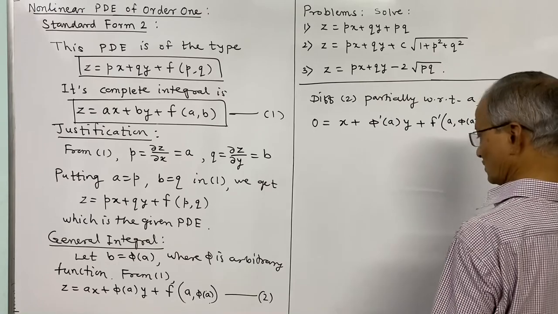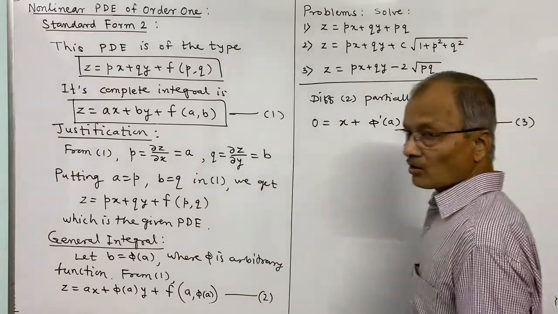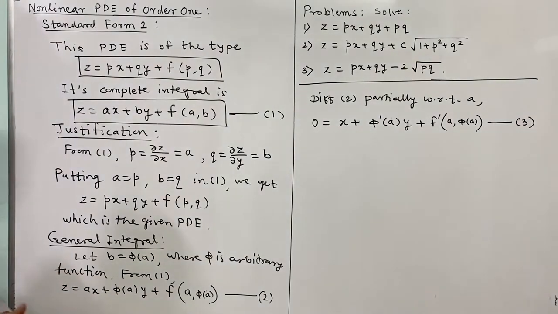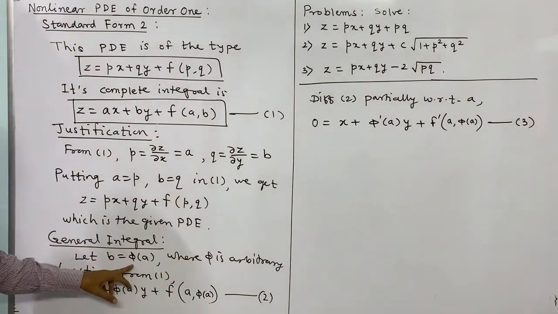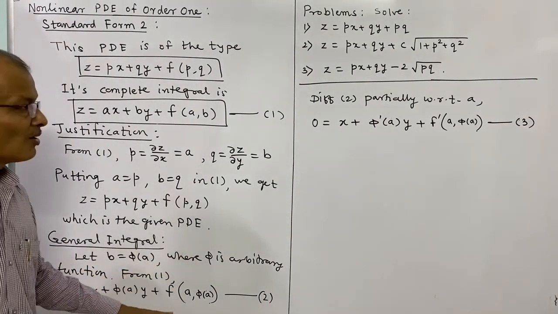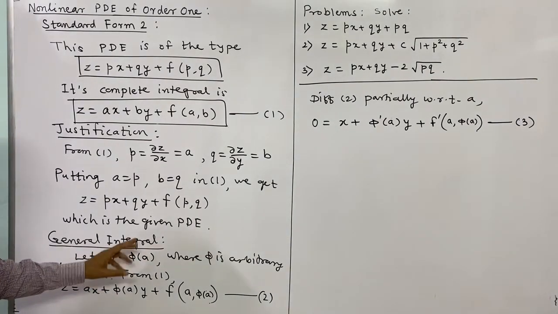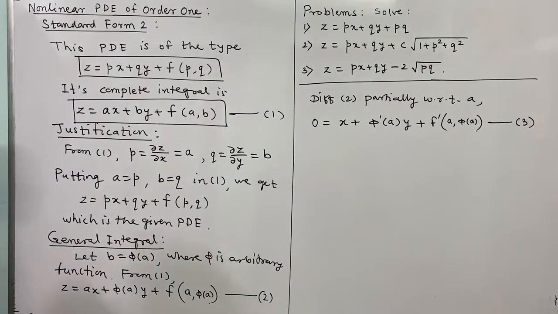And we can suppose this as our third equation. Now eliminate a between second and third, because this is arbitrary, we don't know the exact nature of this function. So this is the procedure we should write for the general integral, for solving these PDEs: we eliminate a between 2 and 3 to get the general integral.